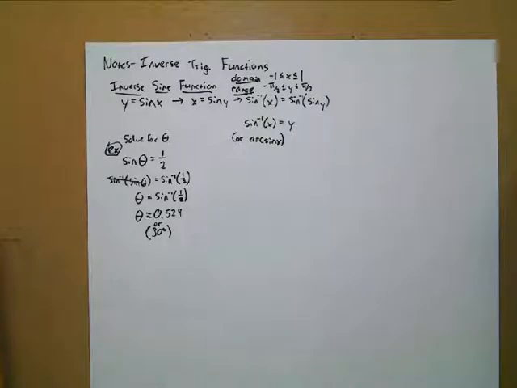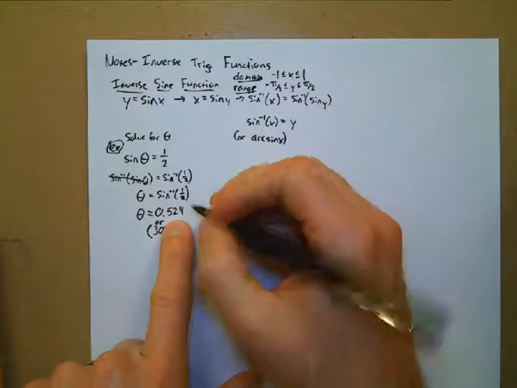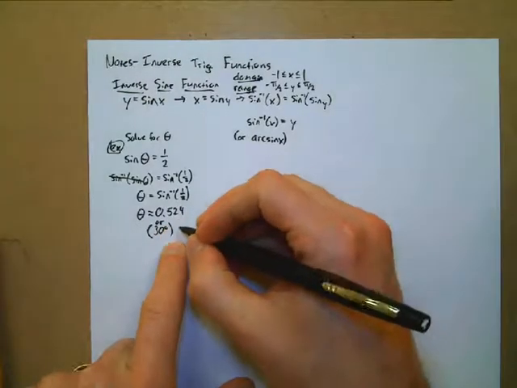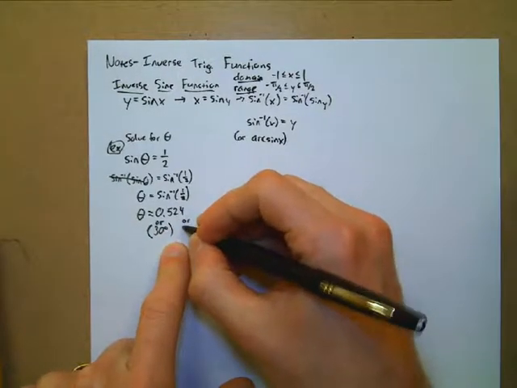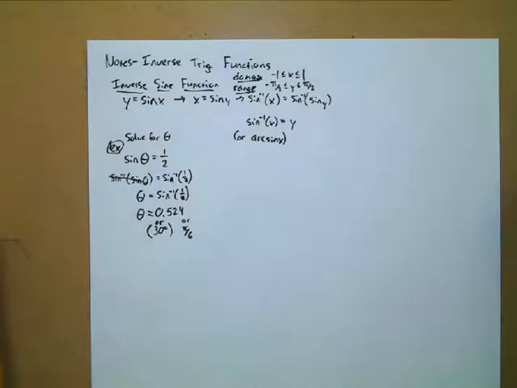And so if you want, you can just give me pi over 6. That's fine too. Obviously I prefer pi over 6 because that's the precise answer. So we're essentially using our unit circle backwards. Rather than taking sine of an angle and giving us a ratio, we're figuring out sine of what angle gives us this ratio.